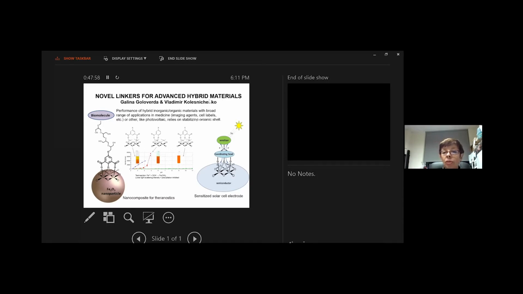So I was going to show two different aspects, and both of these applications, and that's only a couple of applications. There are many more. They all rely on an organic shell that makes it possible.